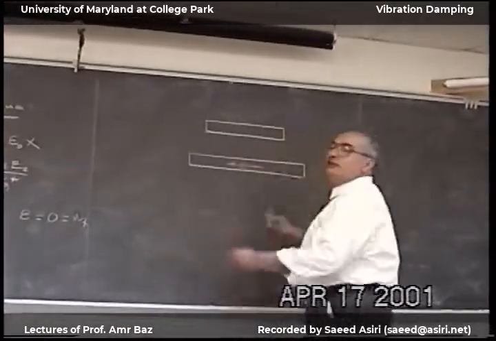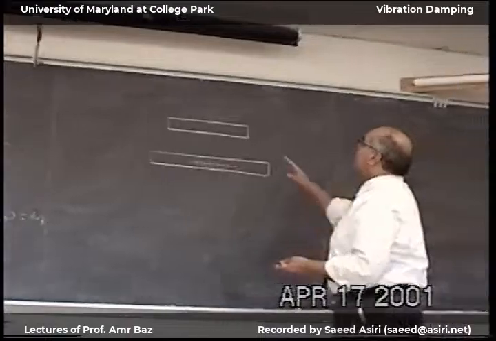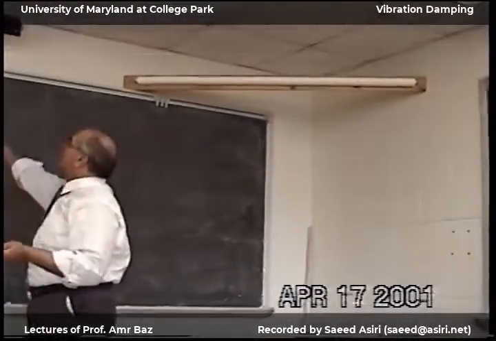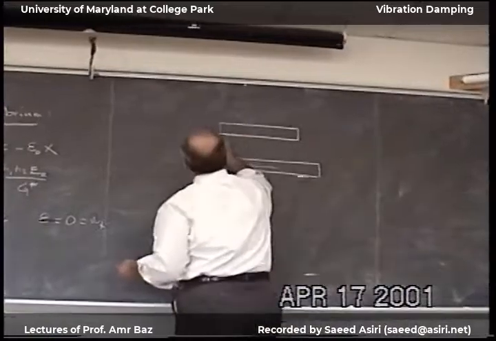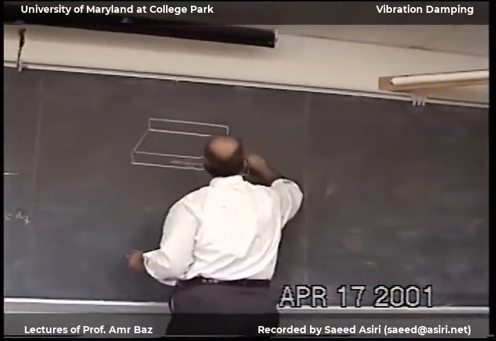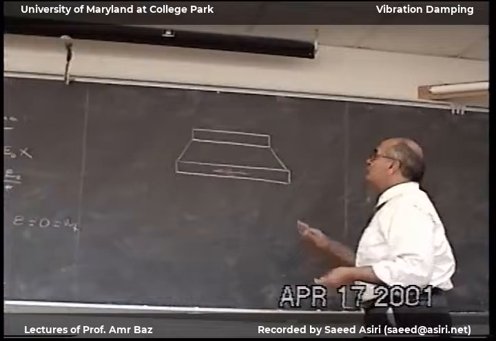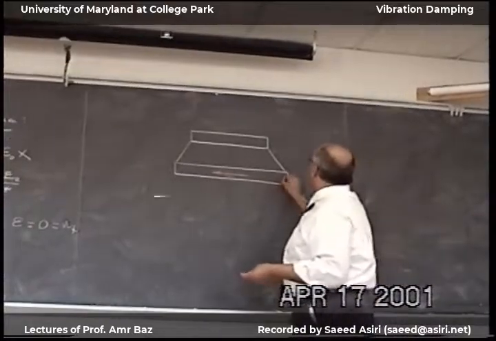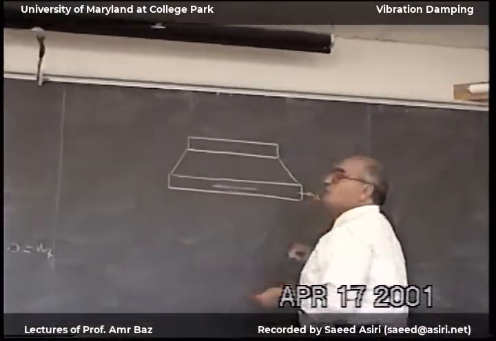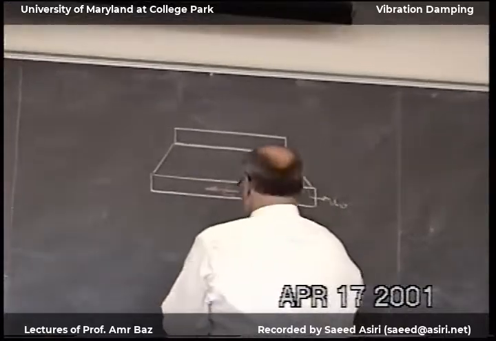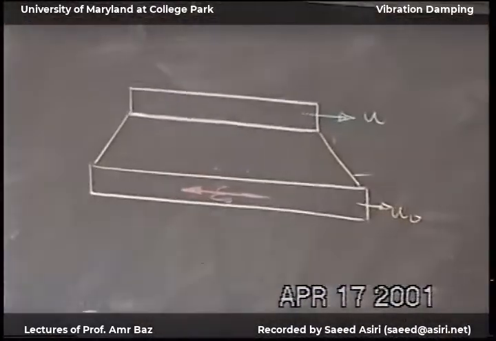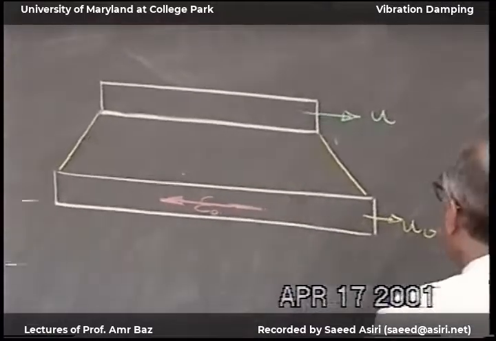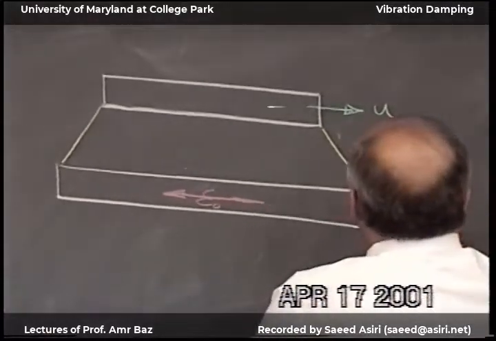And the top expands with a different displacement, the viscoelastic material shears like this. And we found the shear in terms of the deflection U0 and the deflection U. The difference between them was the shear angle gamma.